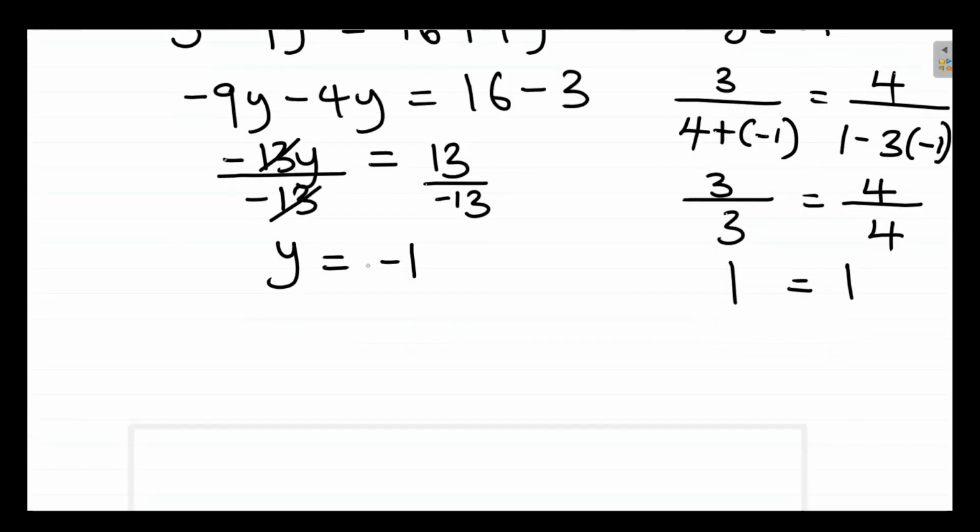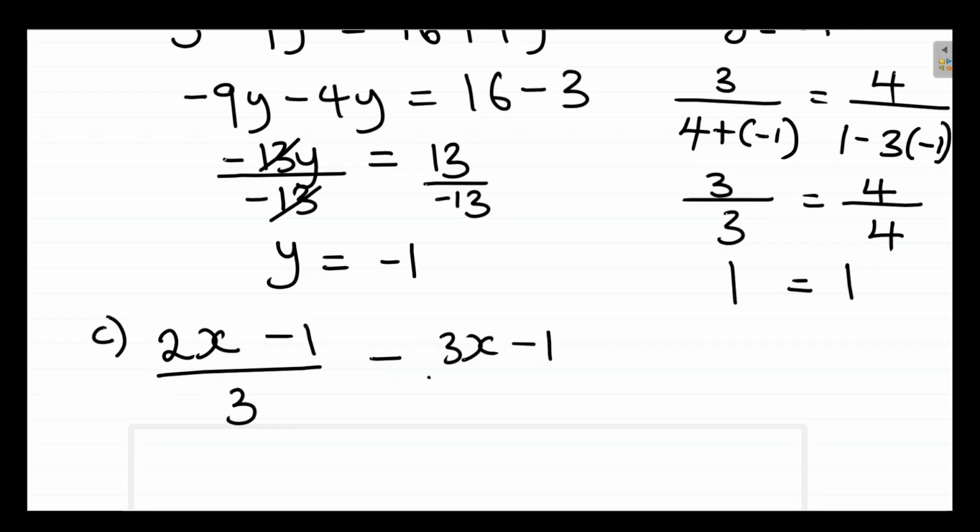Now let's obtain the solution for question C. C says that 2x minus 1 divided by 3 minus 3x minus 1 divided by 4 is equal to 1.